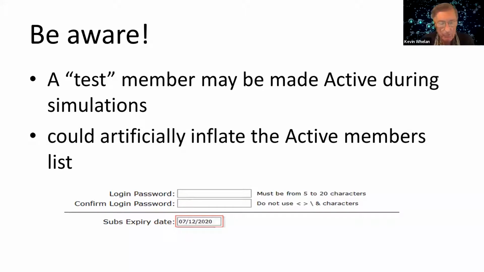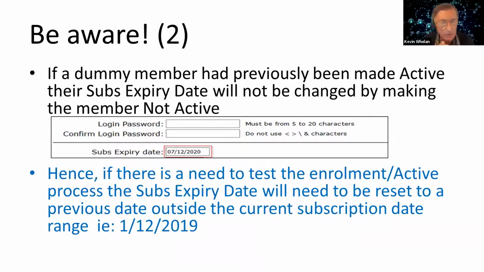A little bit tricky, but you need to go into the edit and change that subscription expiry date back to, I think my next slide talks about that. You change the subscription expiry date back to outside your subscription range. In this case, we would change it to, say, the 31st of the 12th, 2019, if your subscription range is from the 1st of January to the 31st of December, 2020, using that as an example.